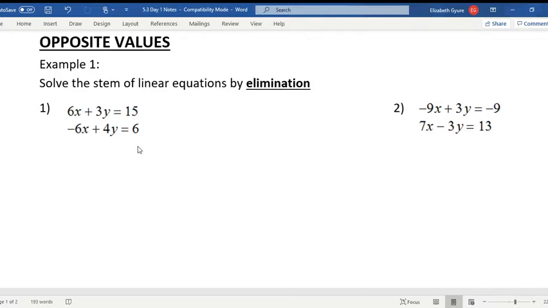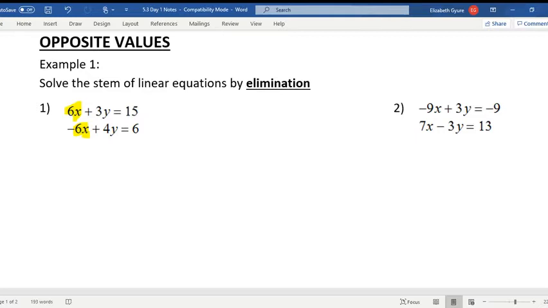In the top one, we have a positive 6x. In the bottom one, we have a negative 6x. If I added those, wouldn't they cancel? This is perfectly set up for us to do elimination. So our first step in this process is actually done. We have found something that will eliminate.